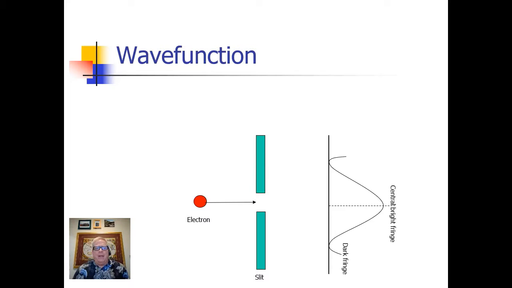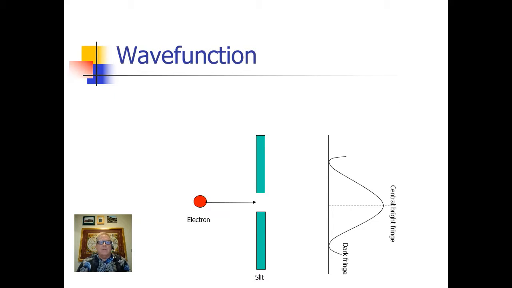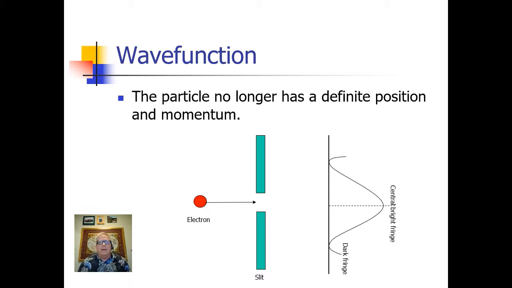Now, the thing that the AP curriculum would want you to know about all this is just that at quantum scales, you have to treat particles as having a wave-like nature as well. And in fact, the motion of a particle is described by a wave function. This means the particle no longer has a definite position and momentum until it's observed.